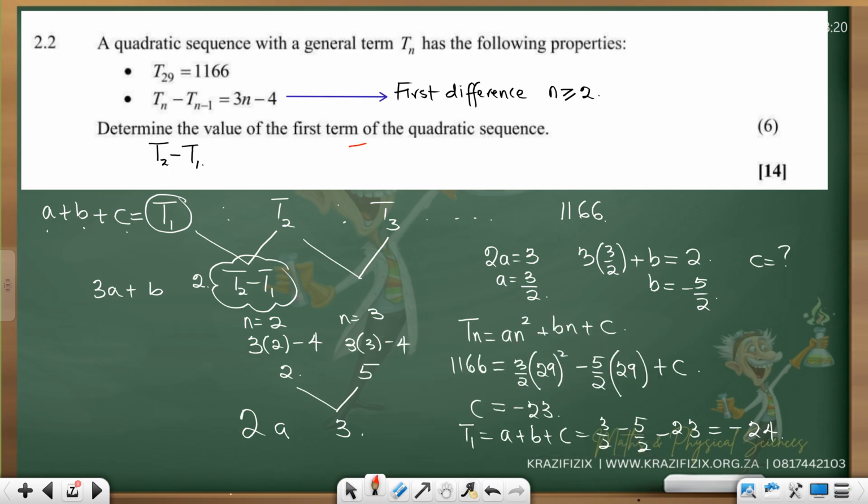So the quadratic formula used is 3 over 2n squared minus 5 over 2n minus 23. Oh yeah, you still get that. You'll get negative 24. Yes, sir. Okay, thank you, sir. So you just substitute n as 1.